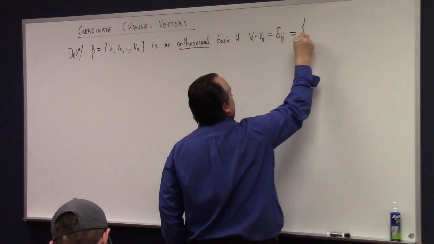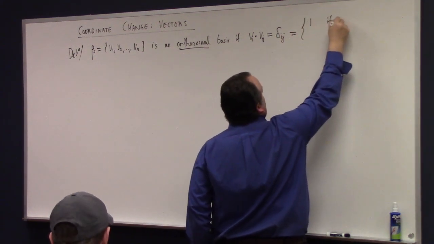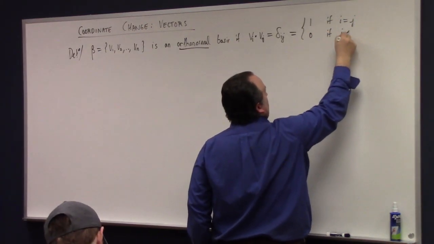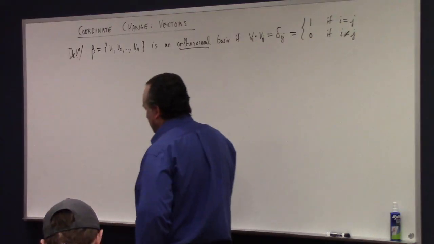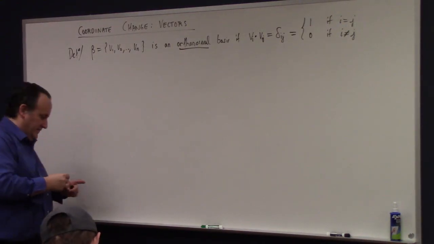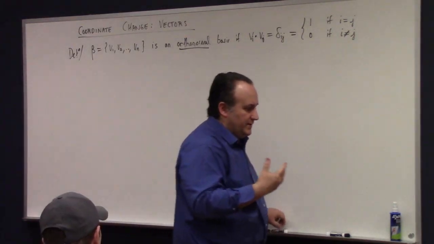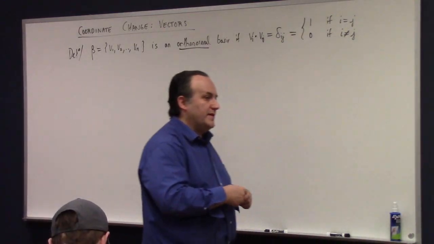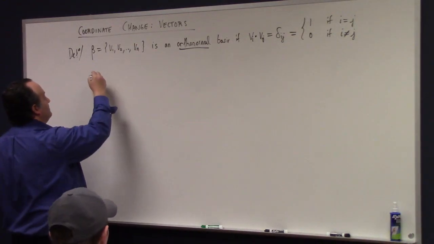What that means is 1 if i is equal to j, and 0 if i is not equal to j. And so there's a simple and beautiful theorem about how to calculate coordinates with respect to the orthonormal basis. Here it is.